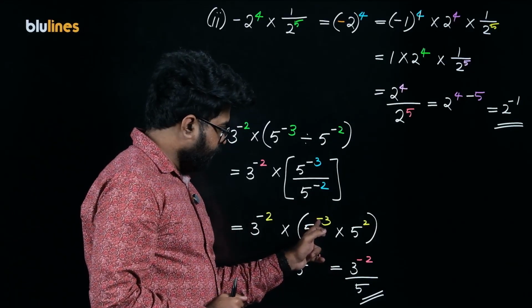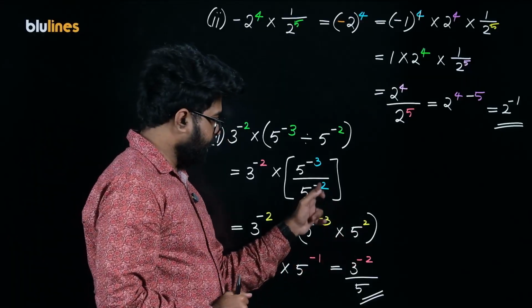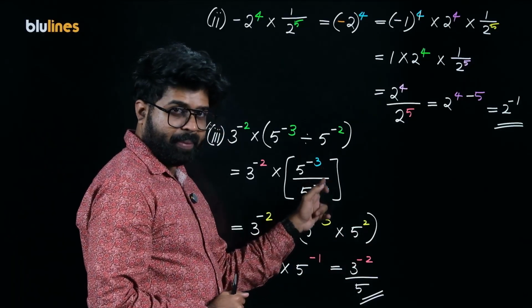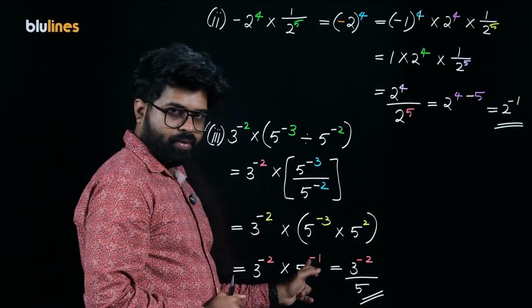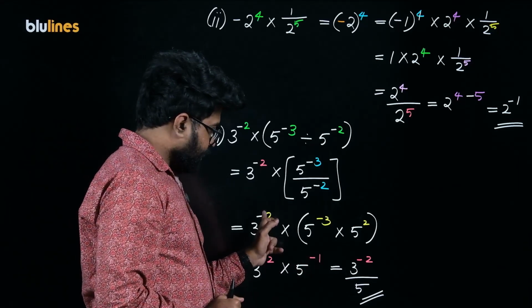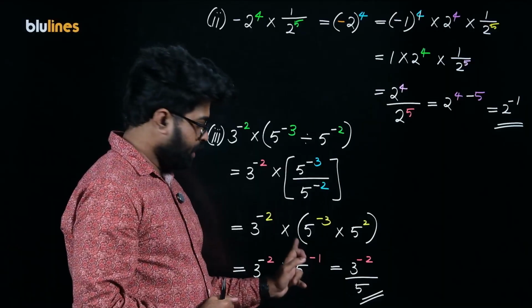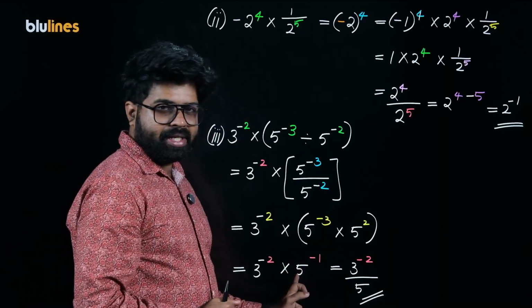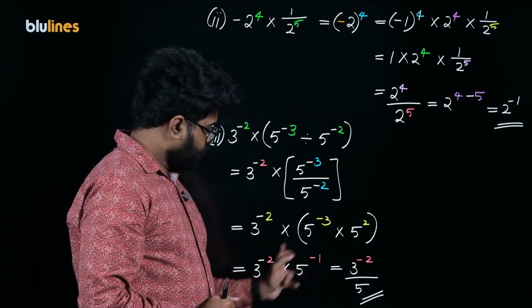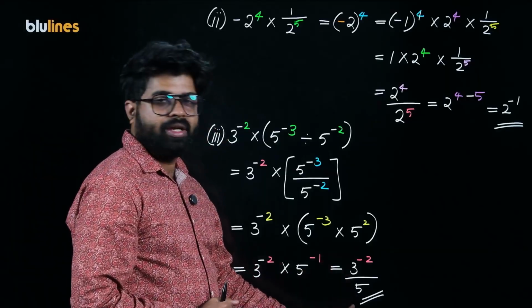So negative 3 plus 2. This entire term turns out to be negative 3 plus 2, which is equal to negative 1. And you have a negative 2 here. So 3 raised to negative 2 into 5 raised to minus 1, which is equal to 5 raised to minus 1, that is the same as 1 by 5.